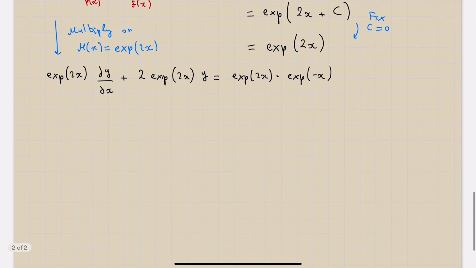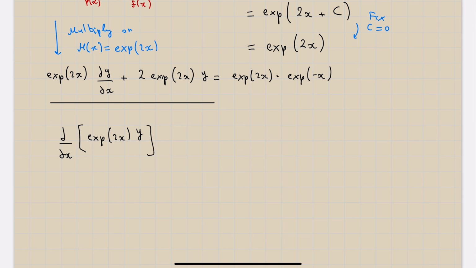Okay, so the left hand side is clearly a derivative. So d/dx of exponential of 2x times y is equal to, on the right hand side, just exponential of x.